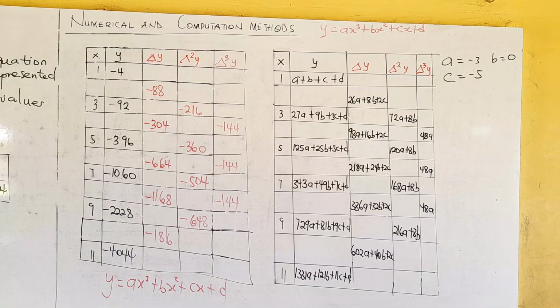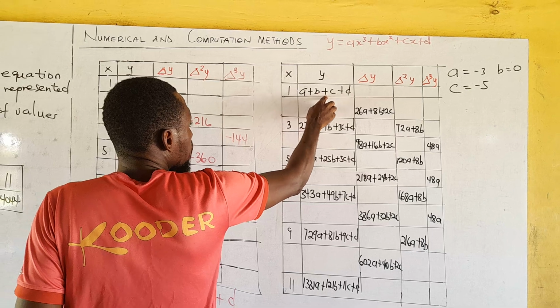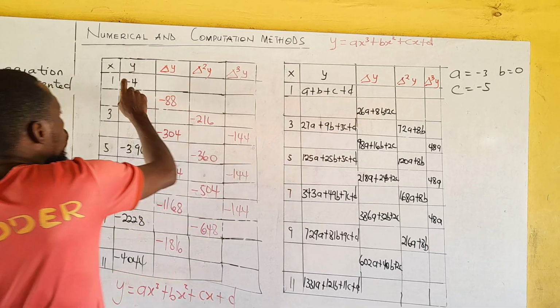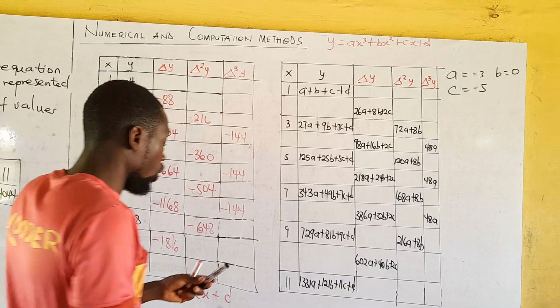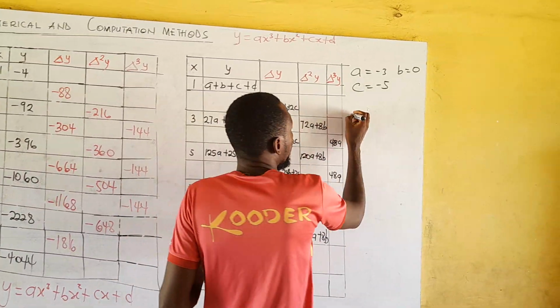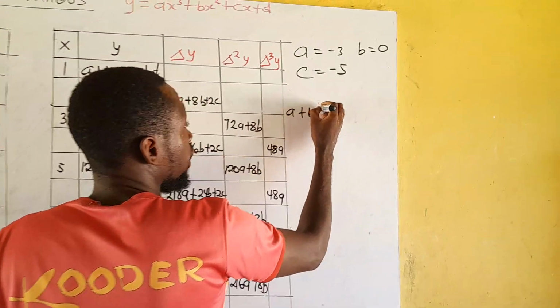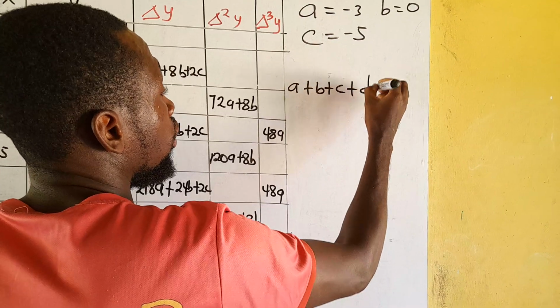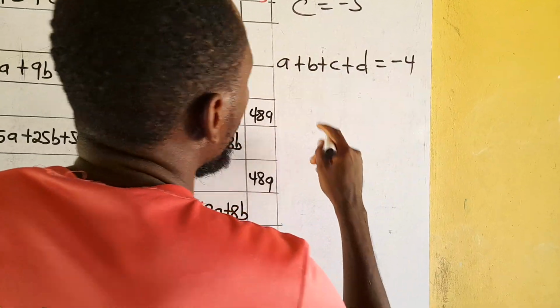So we can also say that A plus B plus C plus D is equal to negative 4. What's A?